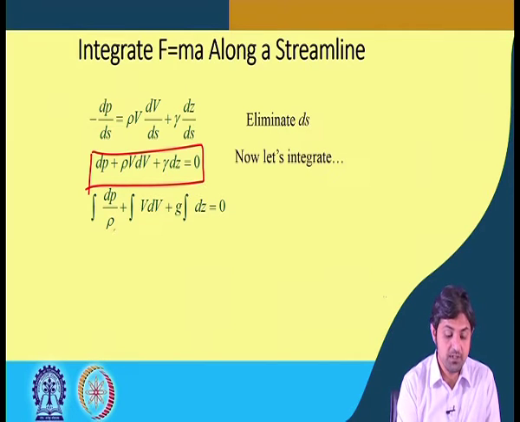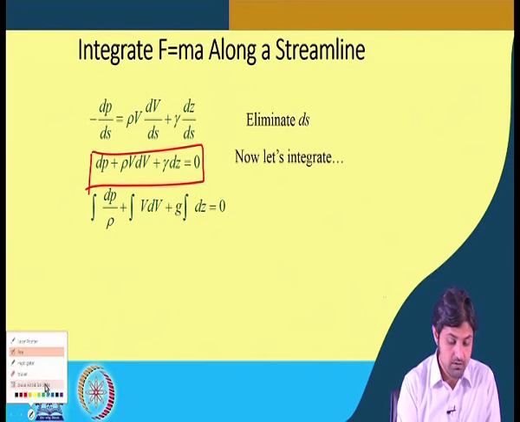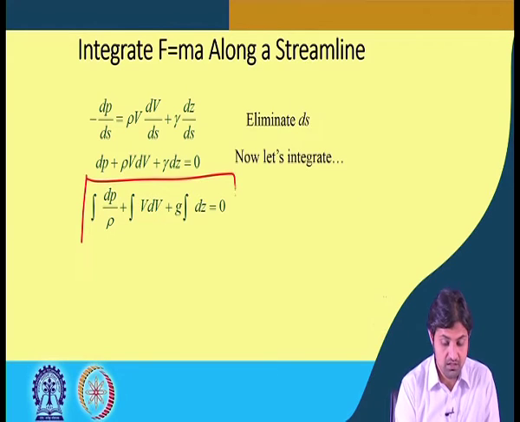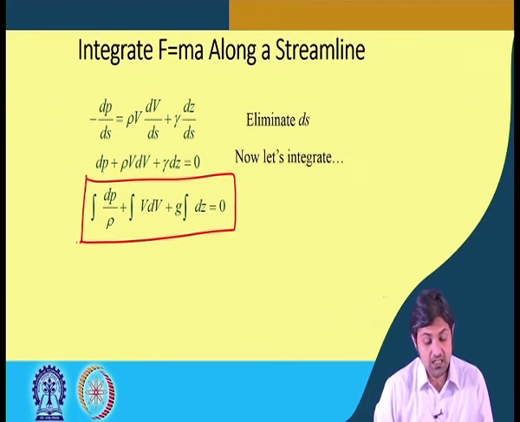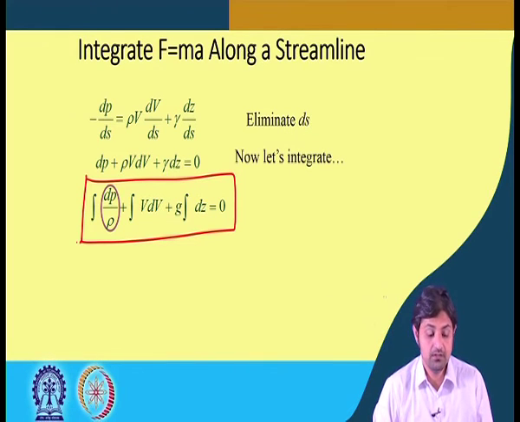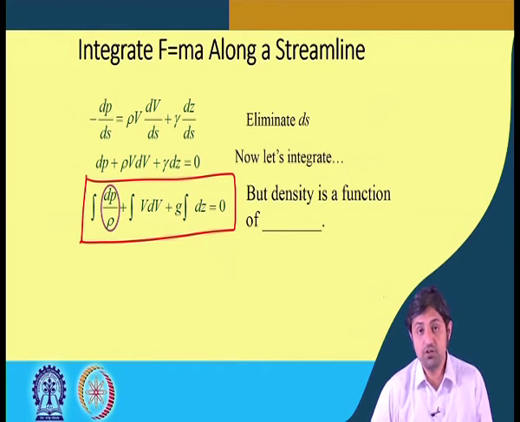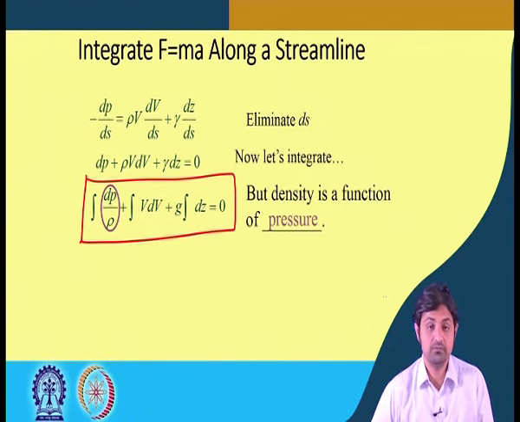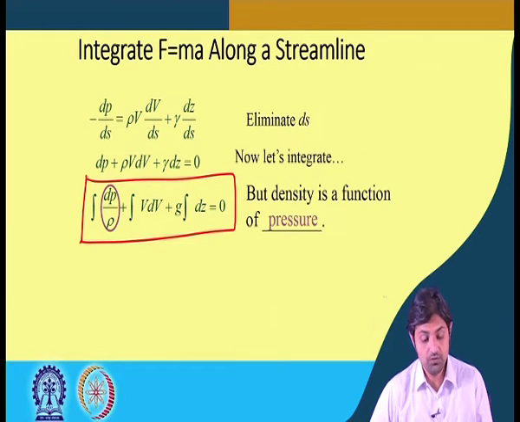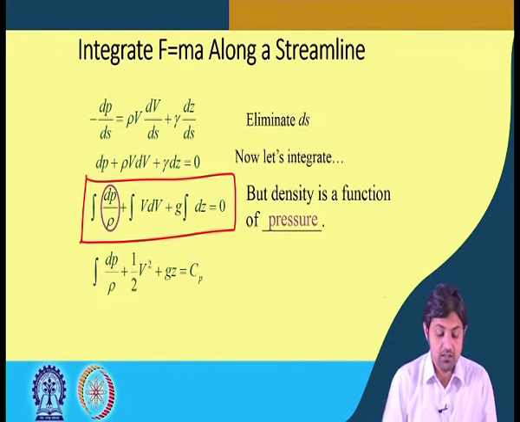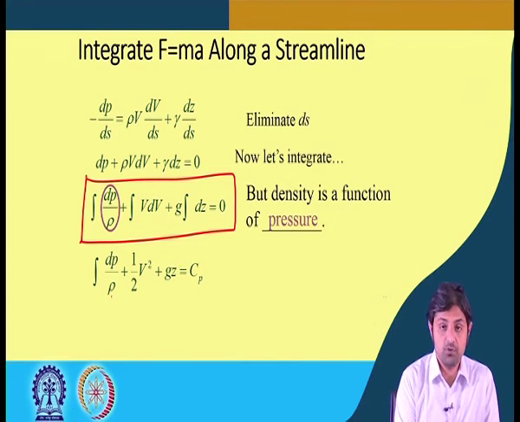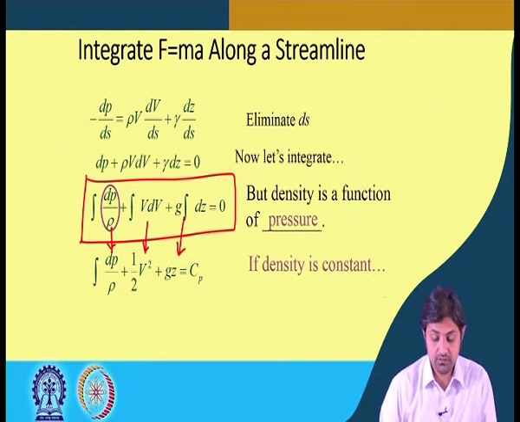It will become dp by rho plus v dv plus g integral dz is equal to 0. Okay. Here the density is a function of pressure, so we have to keep it inside. So we write integral dp by rho plus v square by 2 plus gz is equal to constant.